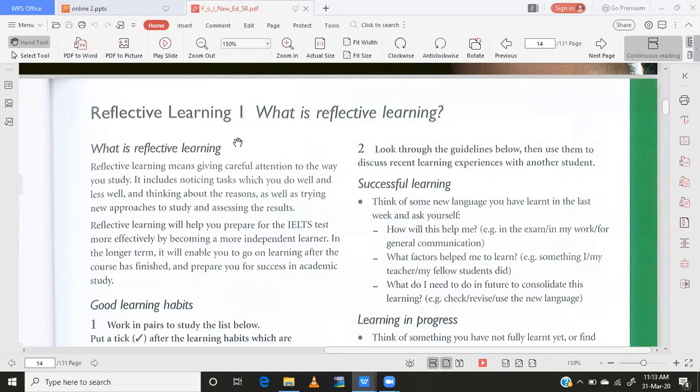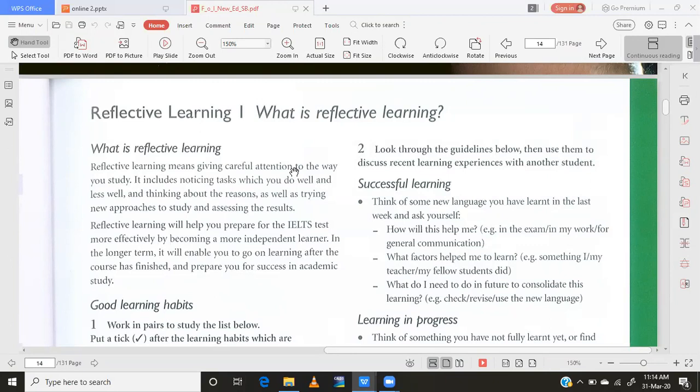It includes noticing tasks which you do well and less well and thinking about the reasons, as well as trying new approaches to study and assessing the results. Reflective learning will help you prepare for the IELTS test more effectively by becoming a more independent learner. In the longer term, it will enable you to go on learning after the course has finished and prepare you for success in academic study.